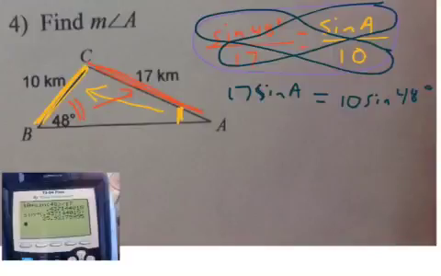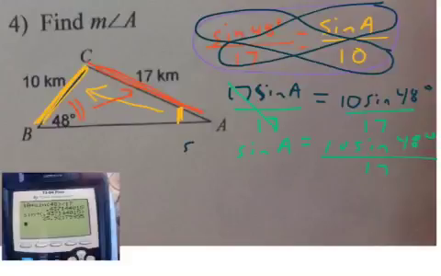Okay? And I can solve for sine of A if I now divide by 17. If I divide by 17, notice 17 divided by 17 is 1, and I'm left with the sine of A equal to 10 sine 48 degrees divided by 17. And so now, how do I find angle A?